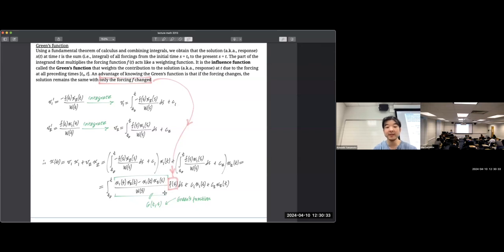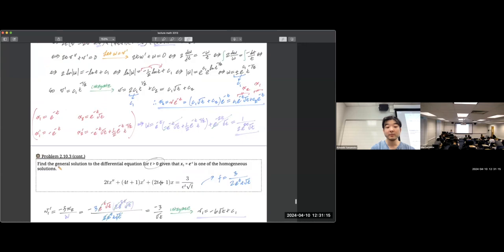It is like a weighting function that gets multiplied by the forcing, and it weights the contribution to the solution at t due to the forcing at all preceding times, from t0 to the current time. The advantage is that if you know the Green's function for your differential equation, in more technical terms a Green's function for the differential operator, and the forcing changes, all you do is change f of s, but the whole solution form stays the same.